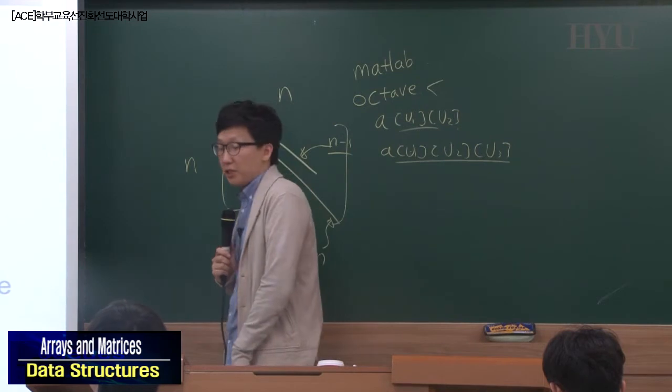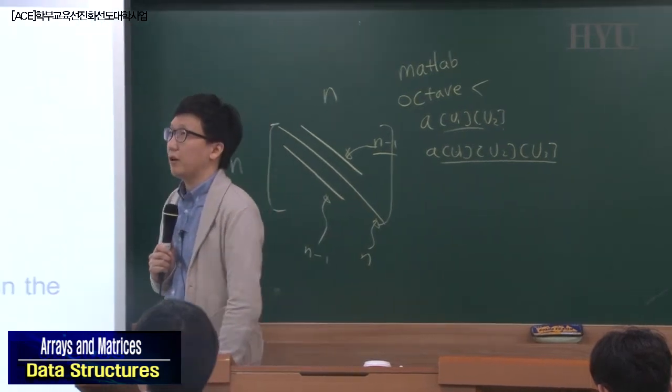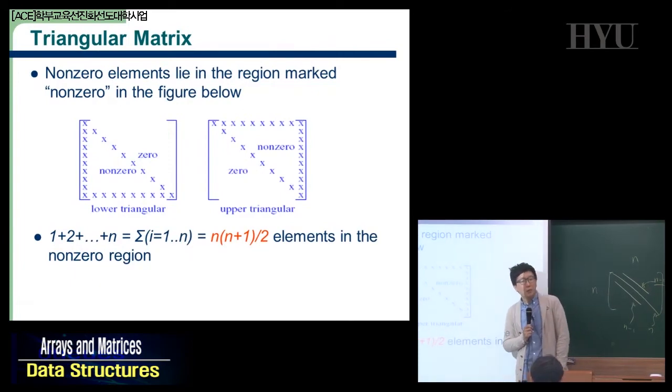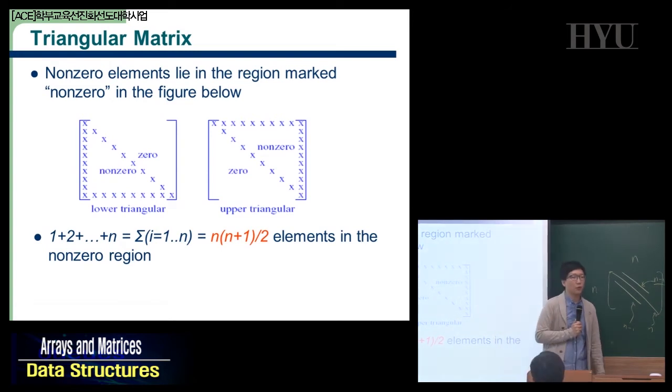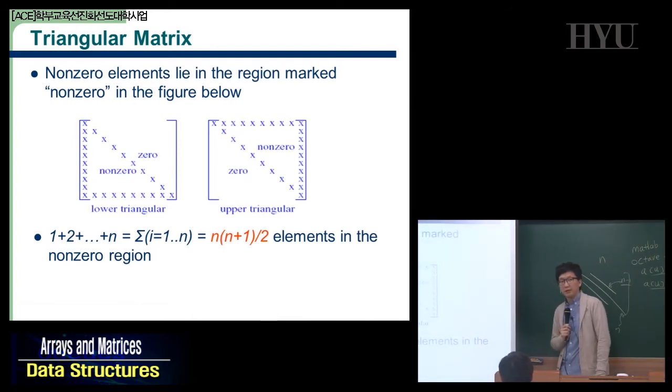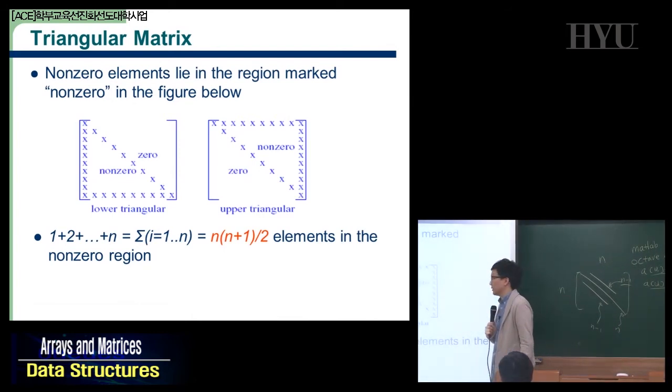This one I already mentioned. A triangular matrix is either upper or lower, it doesn't really matter. How do we calculate how many elements I need in that matrix? Well, 1 plus 2 plus 3 plus 4 up to n. I mentioned that on the last slide.